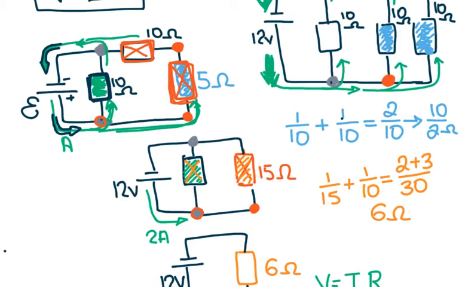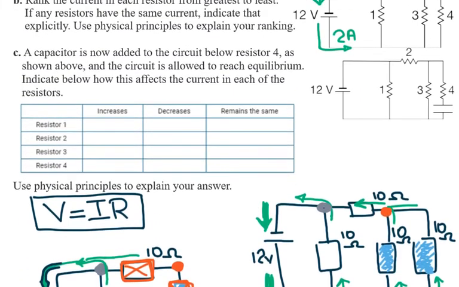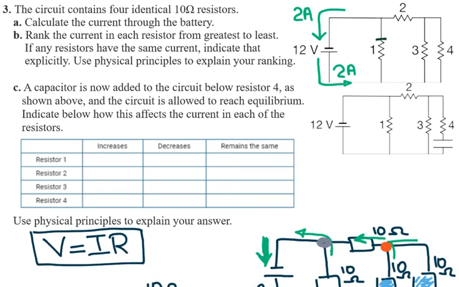The first resistor, the green one, is connected parallel to the battery. So this is where our gray points were, and this is where our red points were. So the first one is connected straight to the battery.